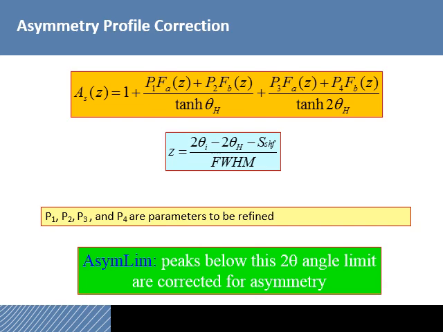So in the low angle regions, from 5 to say 20 degrees, you get a very high degree of asymmetry. So the peaks are all skewed to the left-hand side. So for the most part, you always correct for asymmetry in the low angle region of your patterns. Once you get past 20, 25 degrees, that asymmetry starts to go away as the radius of the Debye rings becomes larger and larger and larger.